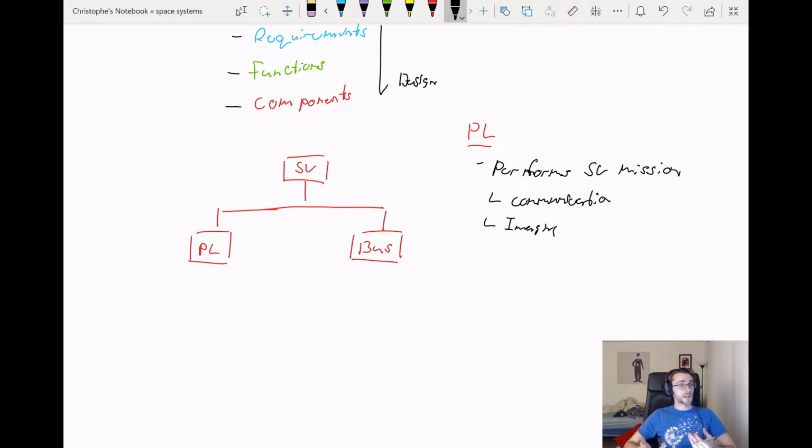Communication satellites are fairly simple. That's communications relay. So those are things like satellite internet or satellite phones. Or if you've heard of Elon Musk's Starlink, that's satellite internet networks. So generally speaking, Earth-centric satellites tend to fall into one of those two categories, communication or imaging.